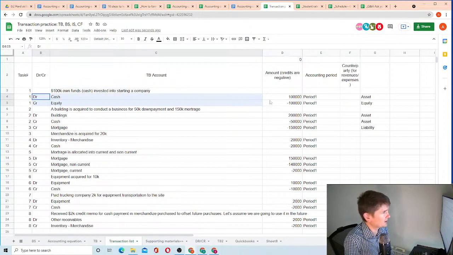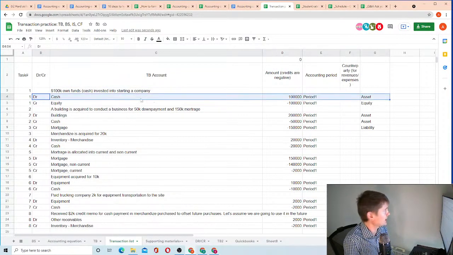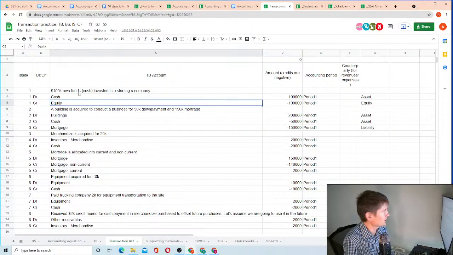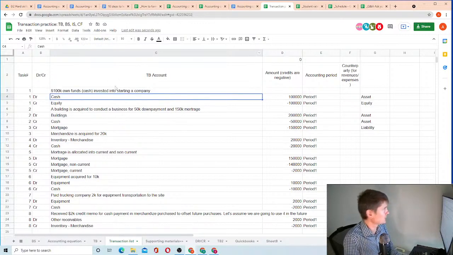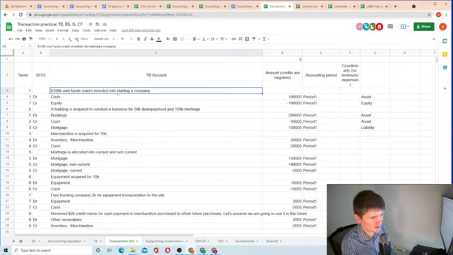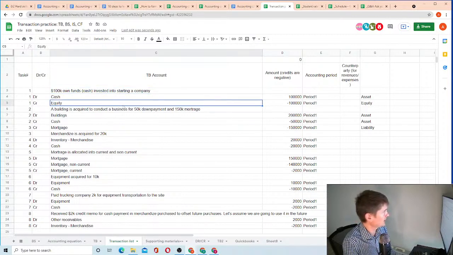So when you figure that out, you need to figure out the other side of the equation. Because of that transaction, you see own funds invested. You start to suspect that it's the owner's funds, so it probably needs to impact the account which has everything to do with the owner of the business, and that is an equity account.